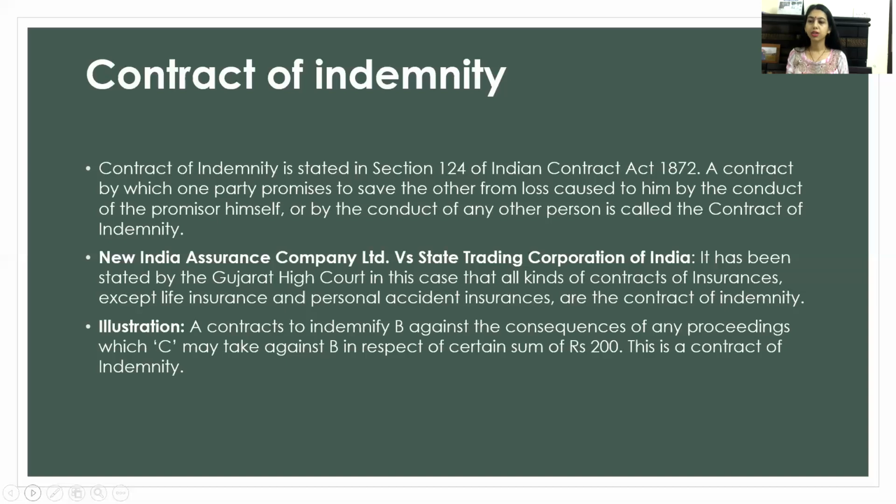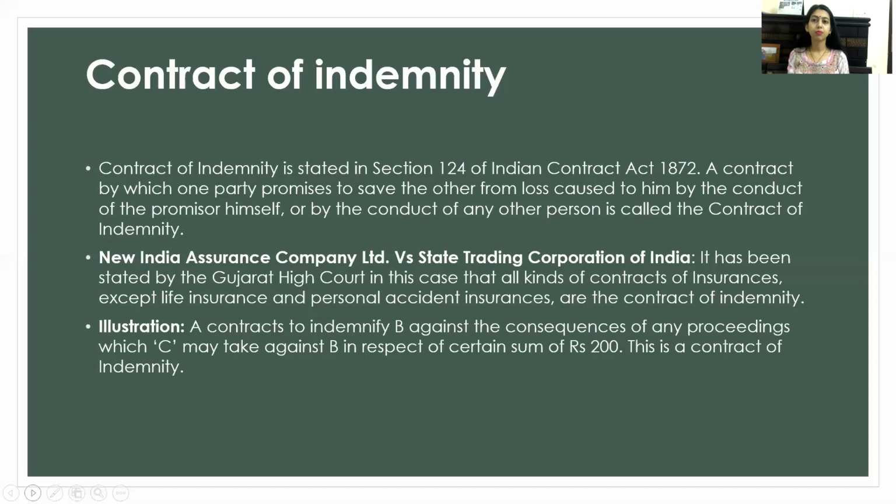There is a case, New India Insurance Company Limited versus State Trading Corporation of India. In this particular case, the Gujarat High Court has given a kind of exception to this contract of indemnity. The Gujarat High Court has stated that all kinds of contracts of insurance are under the category of contract of indemnity, but there are exceptions to the same.